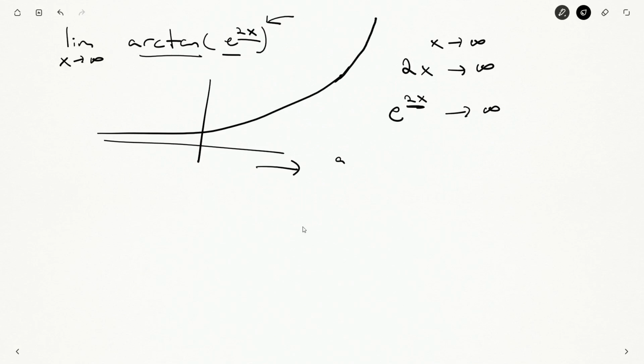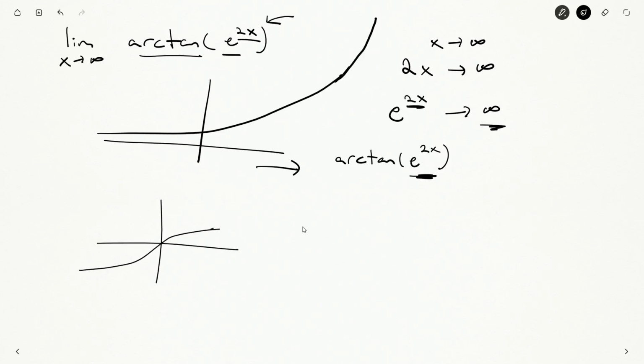Finally, our last step: what is arctan doing as e to the 2x goes to positive infinity? We might remember arctan looks a little like this.